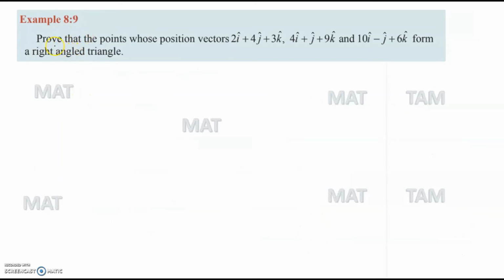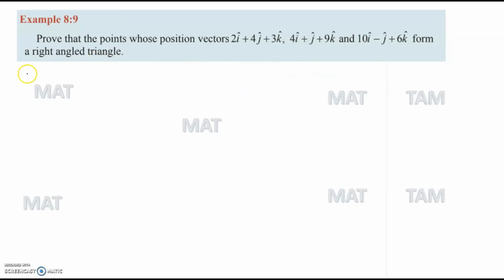Example 8.9. Prove that the points whose position vectors 2i cap plus 4j cap plus 3k cap, 4i cap plus j cap plus 9k cap and 10i cap minus j cap plus 6k cap form a right angle triangle. So for this, we need to see whether these points make a right angle triangle.